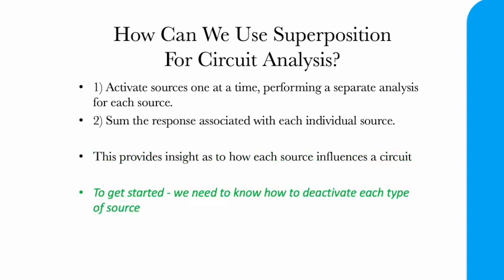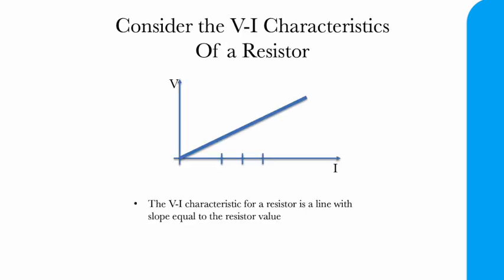To get started, we need to know how to deactivate each type of source, that is, how to turn off the ones that we're not using in the analysis process. So to do that, let's consider the voltage and current characteristics of our various elements, beginning with a resistor. Resistor is a simple case.